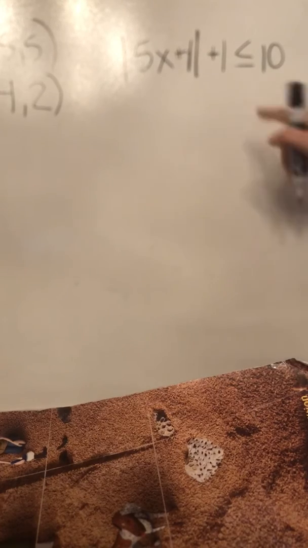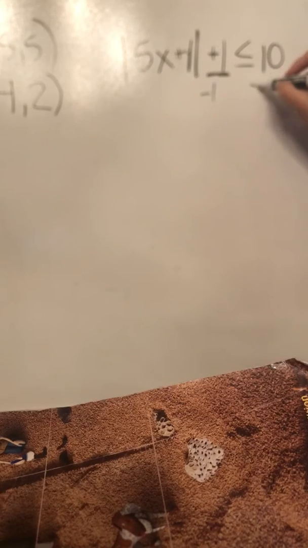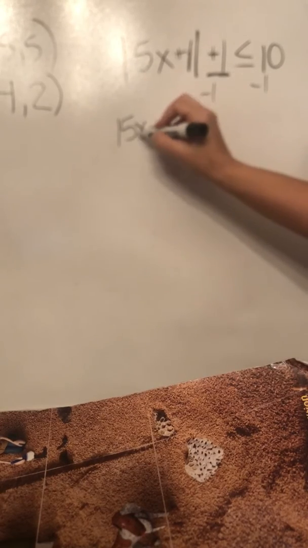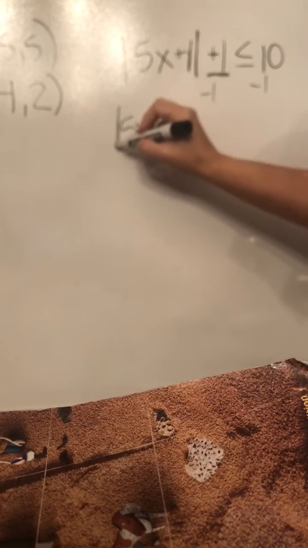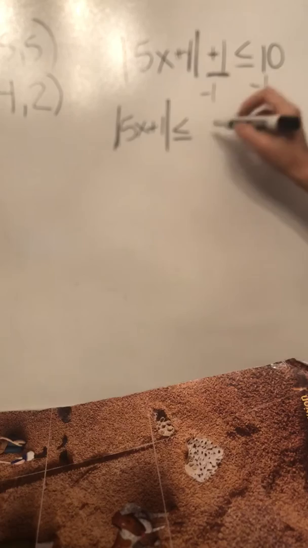Okay, the first thing we're going to do is get rid of this guy here. So subtract 1 from each side. Now we have the absolute value of 5x plus 1 is less than or equal to 9.